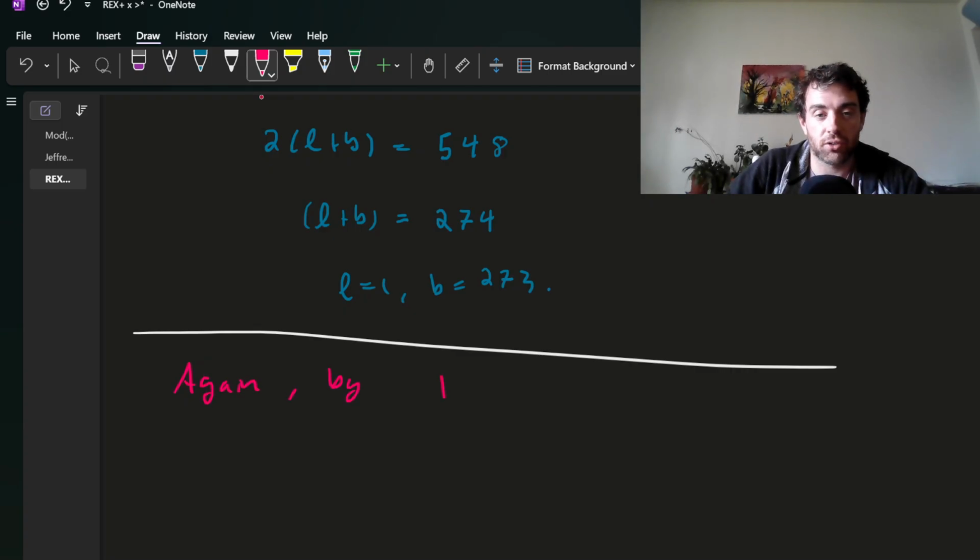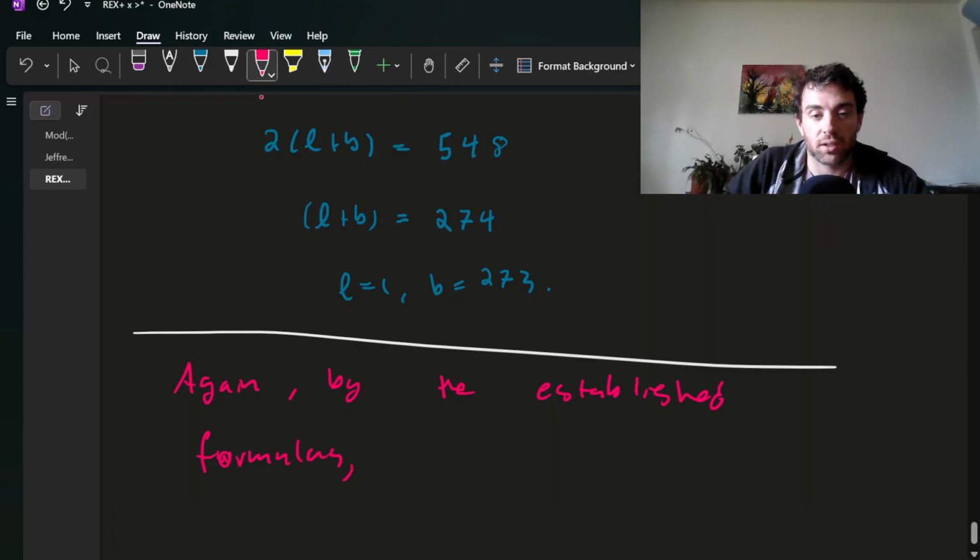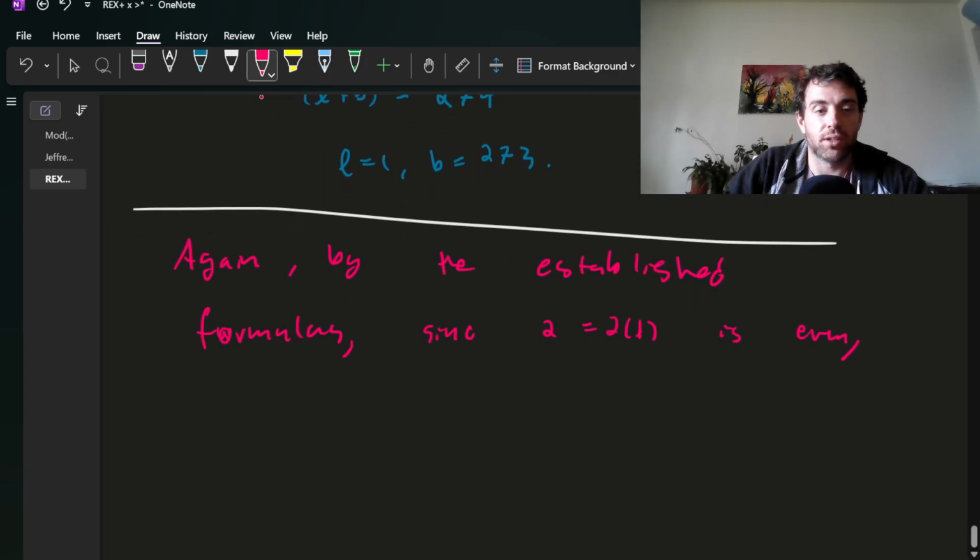So we could say something like, by the established formulas, since 2 equal to 2 times 1 is even, the cardinality of the equivalence class of 2 and 273, because remember A is 2 times L, would be equal to, what was our formula?